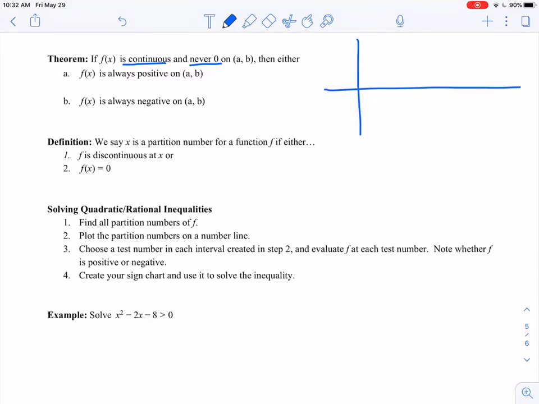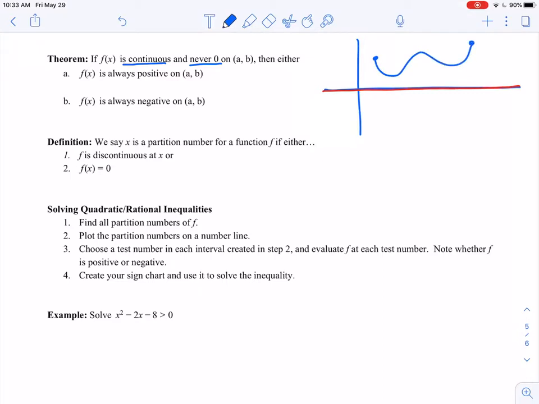So it's never zero, so if it's zero, that means it's on the x-axis. So essentially, we're saying you're not allowed to cross the x-axis. And it's continuous, which means that there are no holes, no jumps, no breaks, no asymptotes. So if my function starts right here, let's say, and I'm not allowed to cross the x-axis, I'm not allowed to make any jumps, I have to stay above the x-axis over that interval.